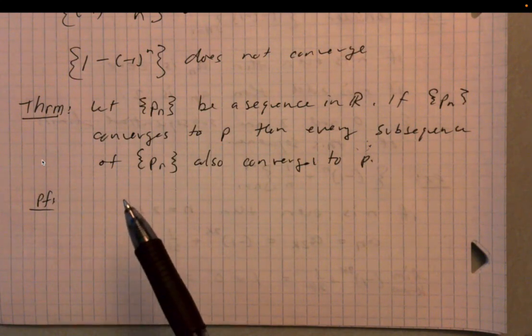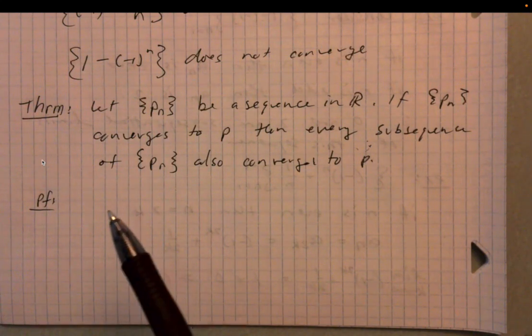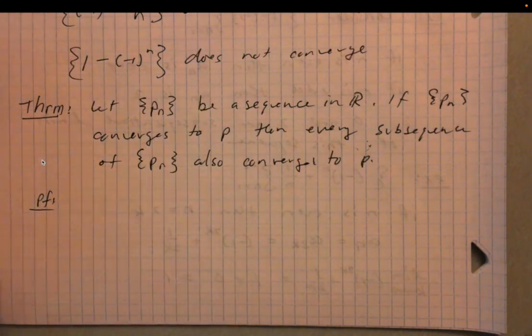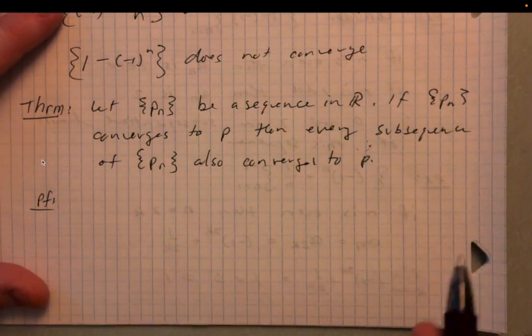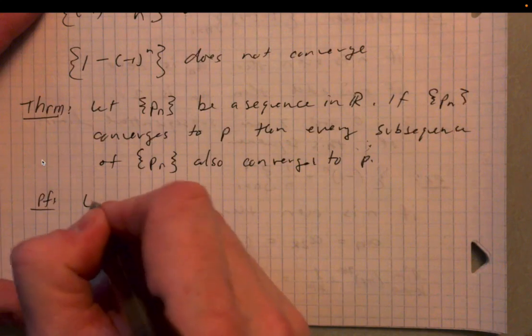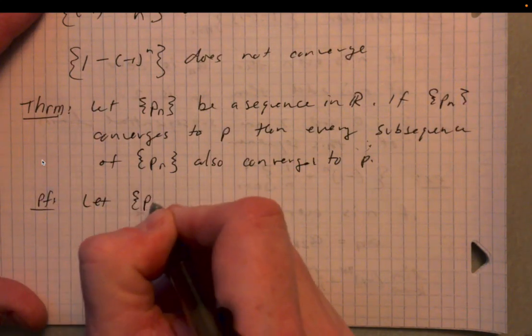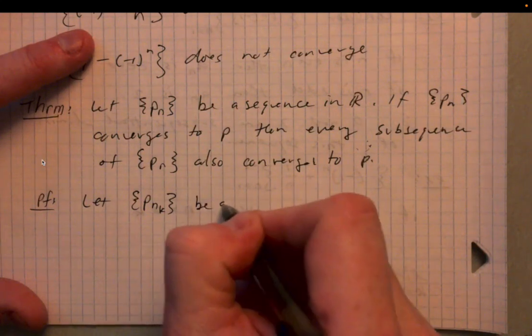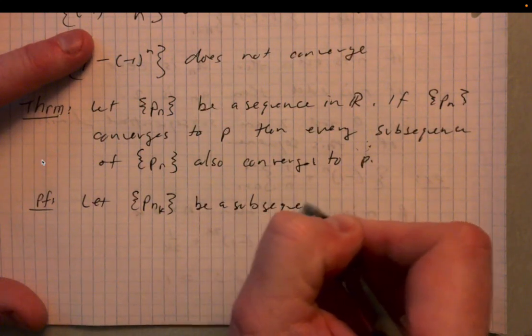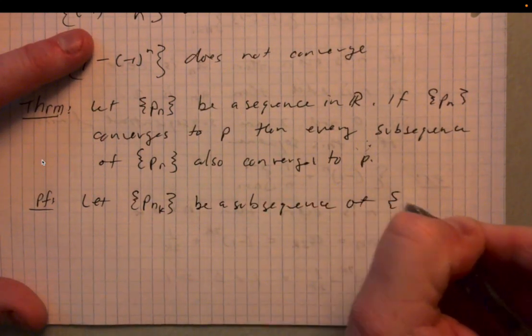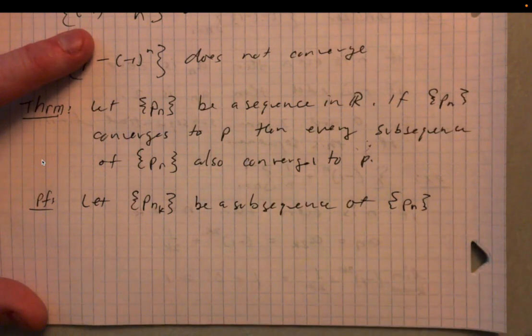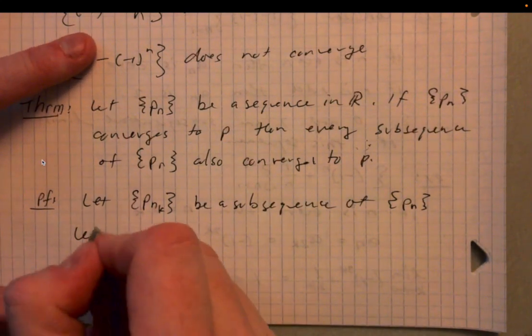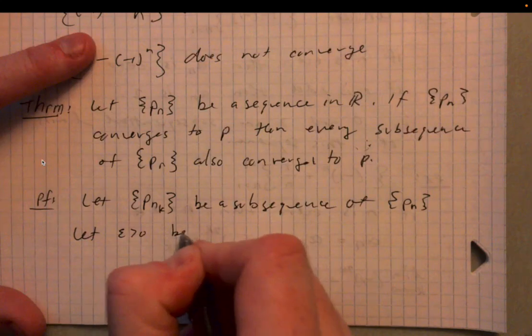This shouldn't be shocking. Okay, let's go ahead and prove this theorem quick. So let p sub n sub k be a subsequence of our main sequence p sub n, and then let epsilon greater than 0 be given.